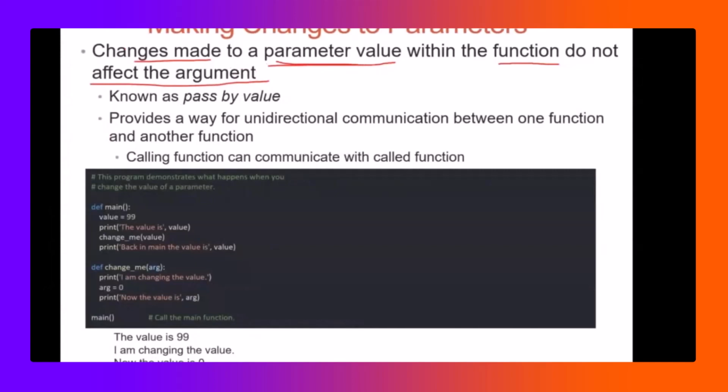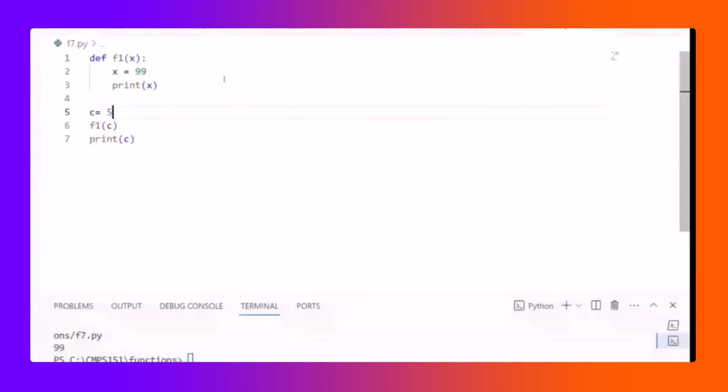Based on what? Changes made to a parameter value within a function do not affect what? What is the argument here? C. What's the parameter? When you call F1 with C, what's going to happen? What do you think the output is? No, the output inside the function, and there is one more output in line 7, right?